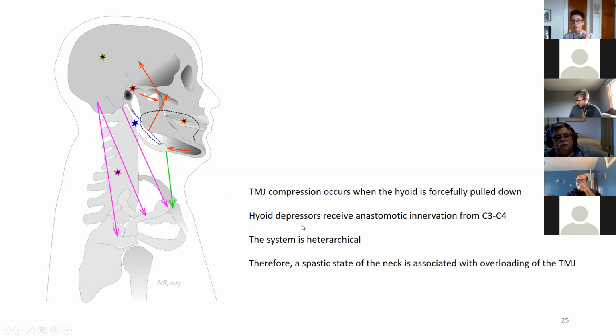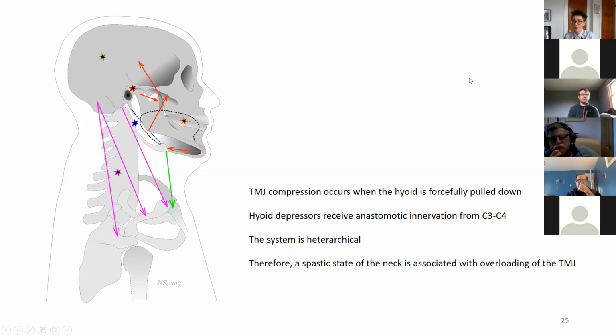Then the depressors, the muscles that anchor the hyoid to the clavicle and the chest, receive innervation together with the muscles that control the position of the neck. The system is hierarchical, and therefore the spastic state of the neck is associated with the forceful pull of the hyoid down and back, and therefore with the compression of the temporomandibular joint.